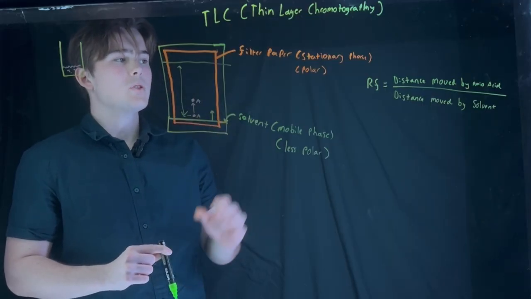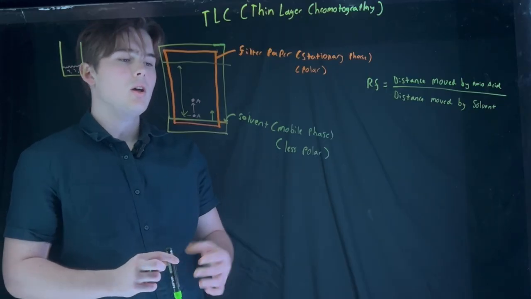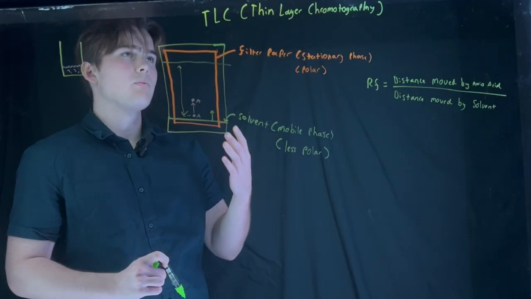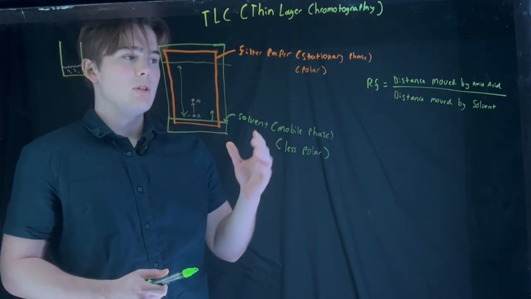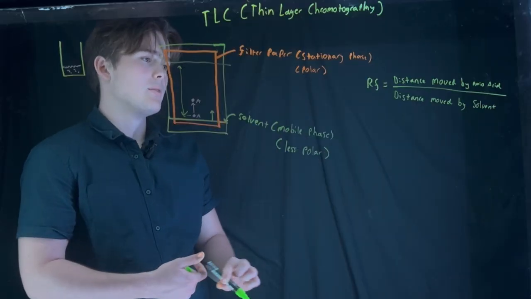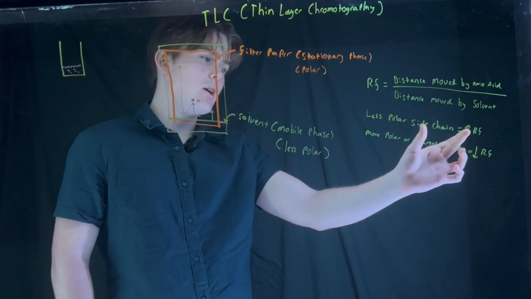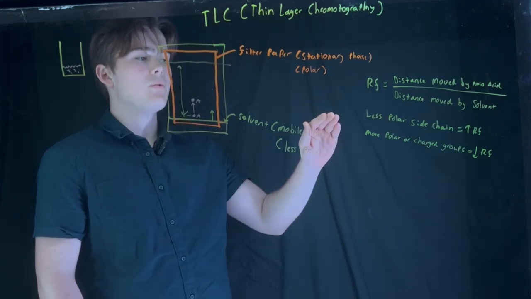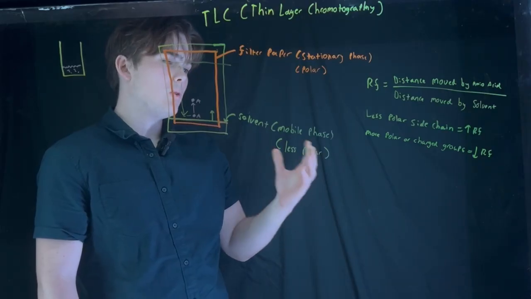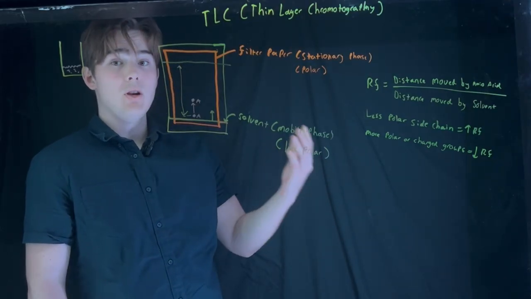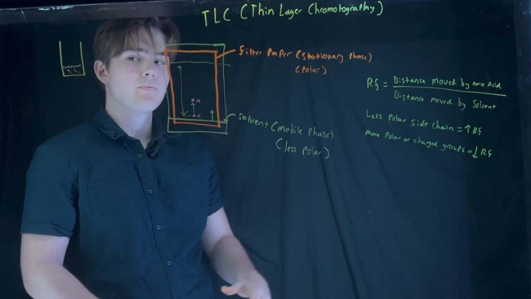Those side chains can have different properties, including different polarities. So if we have a less polar side chain, then we will have a higher retention factor. If we have more polar or charged groups on the amino acid, then we'll have a lower retention factor.